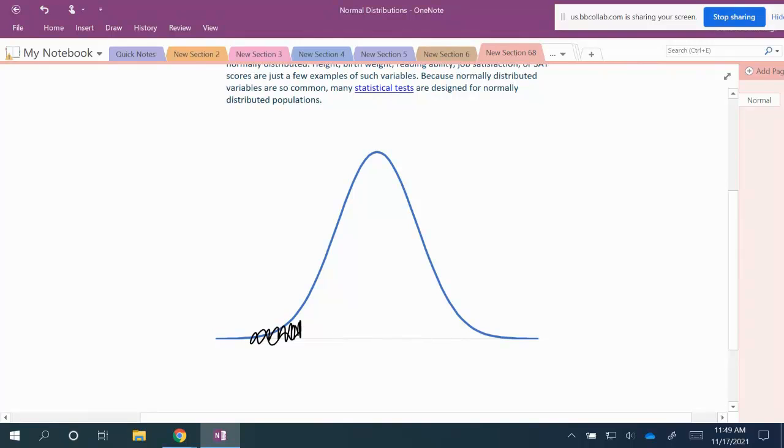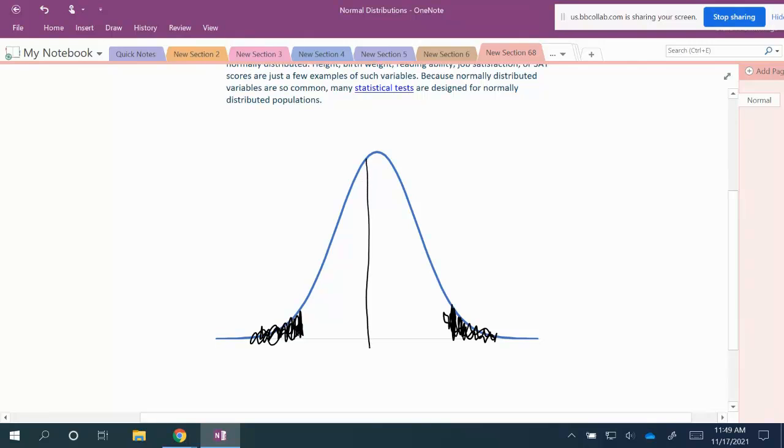So keep in mind that probability is area, right? So at the extreme low end, notice that there's very little area. Conversely, students with very high scores, right? Notice that again, there's very little area above. So there's going to be relatively few students that score at the very, very high levels.